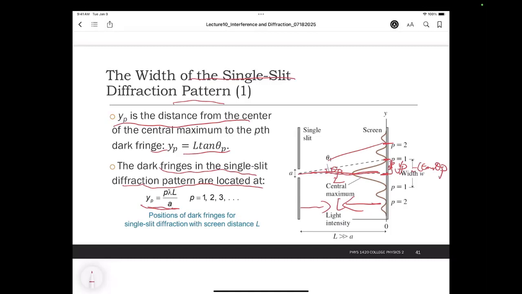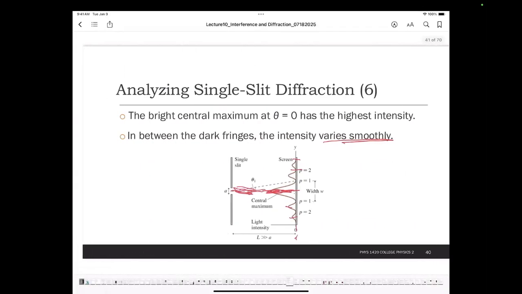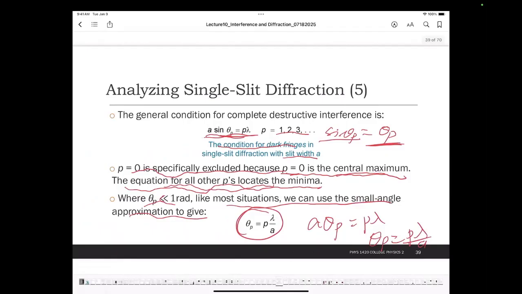Because we know theta p equals this one. Am I right?